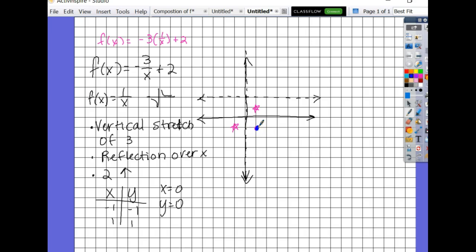So now you do this point. So your point ends up right here.